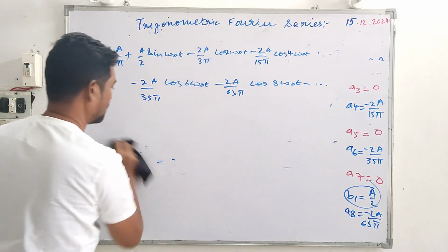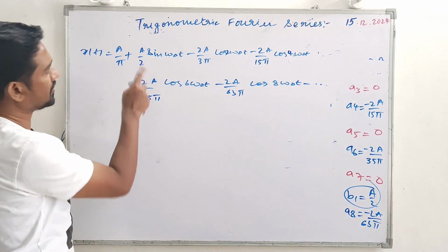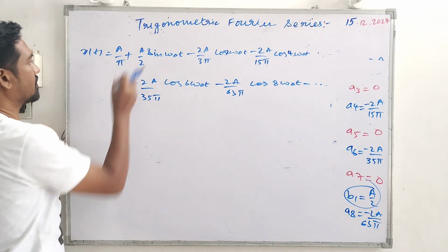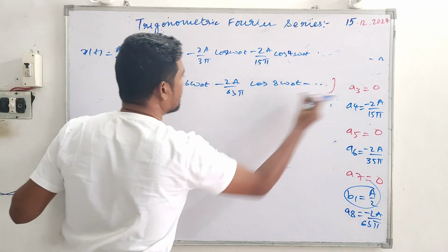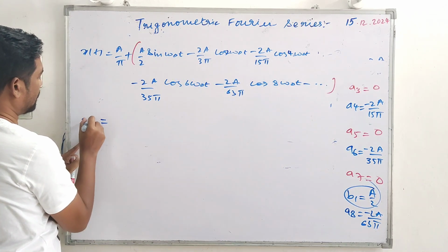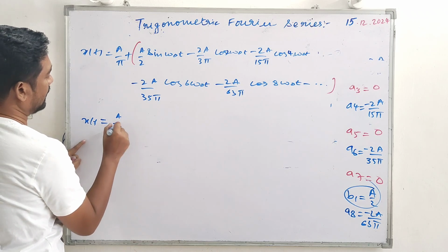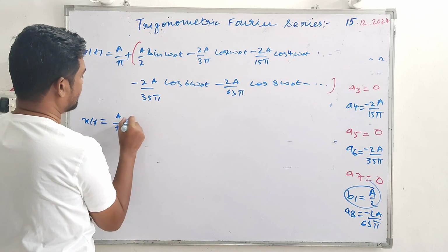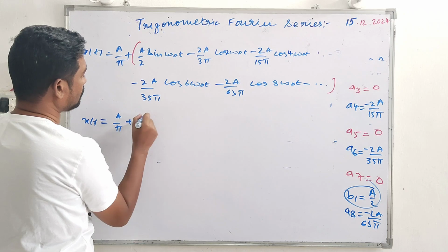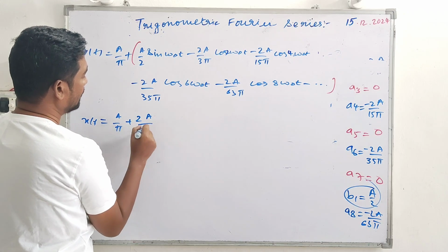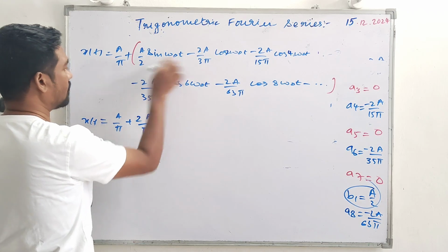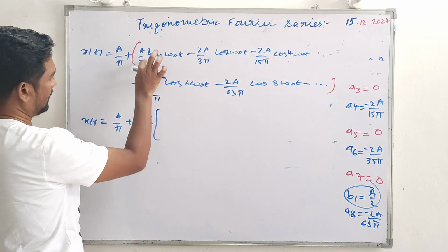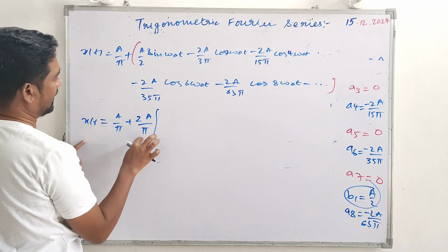Furthermore, a little simplification over here is that something can be taken out as common from all these terms to infinity. So x of t is a by pi plus, what if 2a by pi is taken out as common from all the terms? So we have 2a by pi, isn't it?